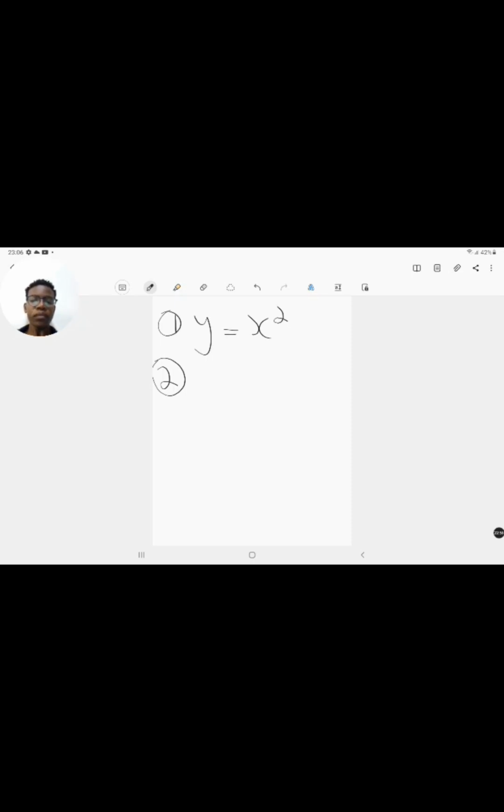Let's say y is equal to minus x squared. Let's say 3, y is equal to x squared plus 1. 4, let's say you've got minus x squared minus 2x.